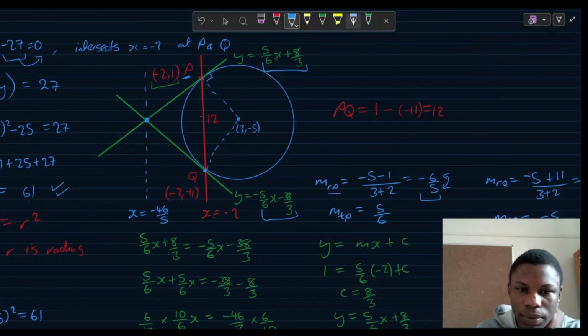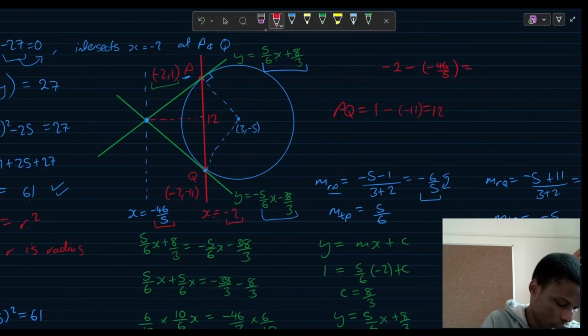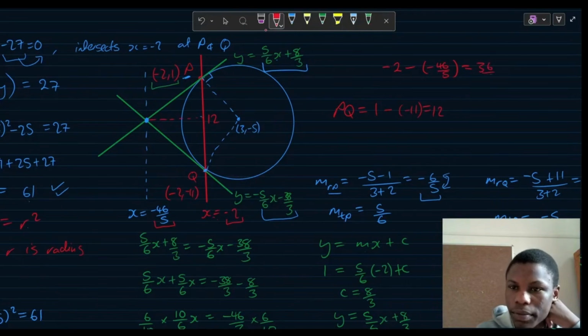So now we can get the height of our triangle. Because remember, the height of our triangle is this here, which is the distance between negative 2 and negative 46 over 5. So that there is going to be minus 2 minus 46 over 5, which gives us minus 2 plus 46 over 5, which is 36 over 5. So it means that distance there is 36 over 5.